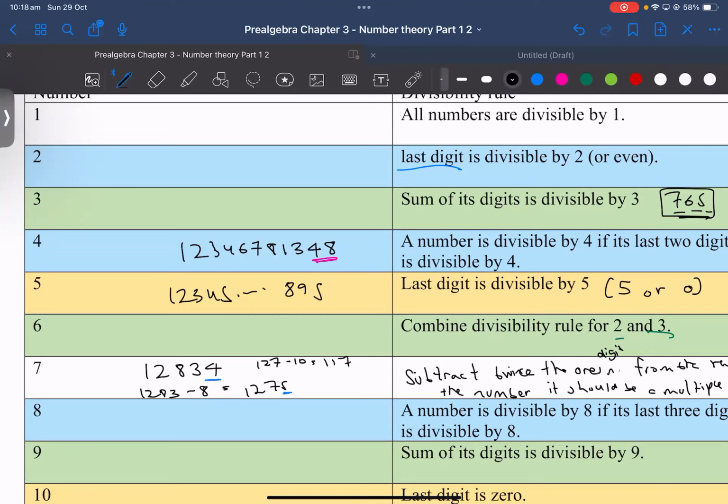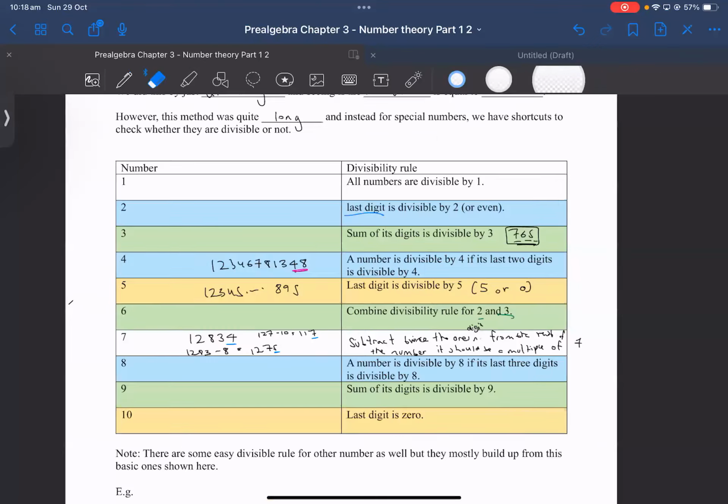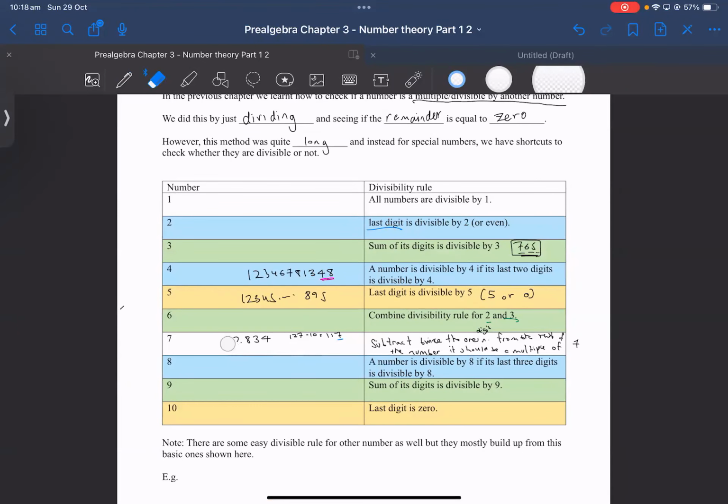Do the same thing again. 117 you can check pretty easily, but you can also do 11 minus 2 times 7, negative 3. Negative 3 is not a multiple of 7. So it's not a multiple of 7. You can just keep reducing the digits one by one. But it's not necessary. You're not going to need to do this. It's just if you're curious, but it's not that useful. Probably just do long division. Way easier.